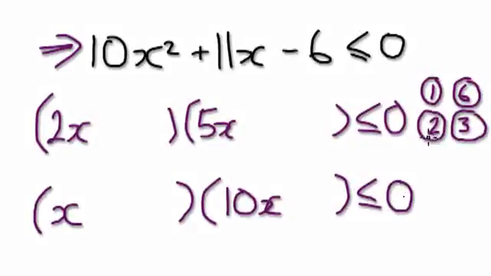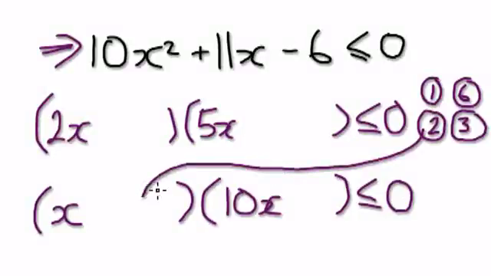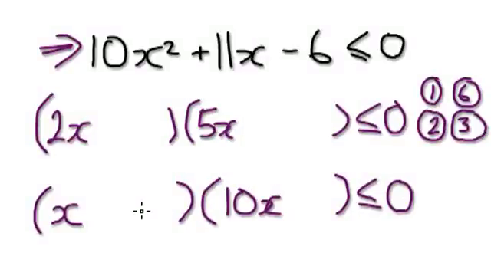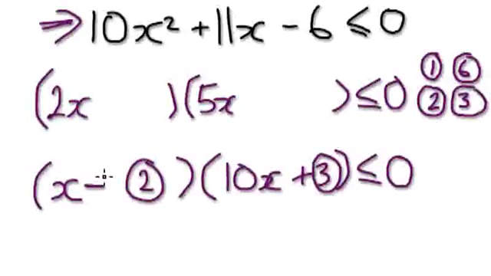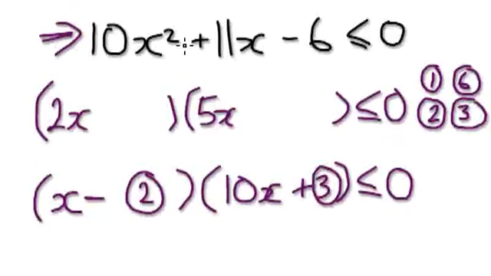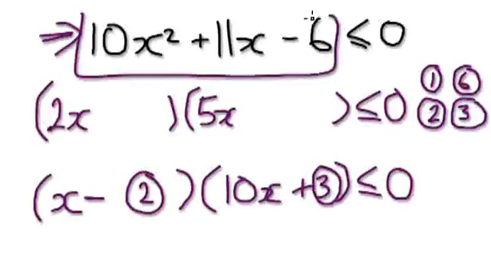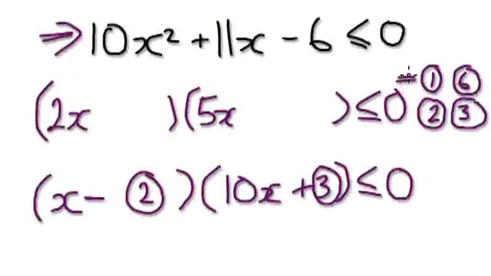We could try putting a 2 into here and a 3 into here, and remember, this is a negative, so one of the two will have to be a negative. Up to this stage is guesswork. We are just trying to create this by playing about with these two pairs.